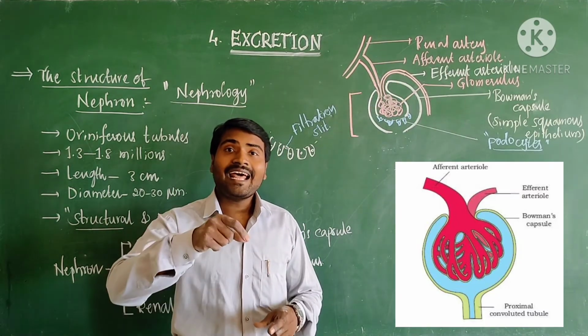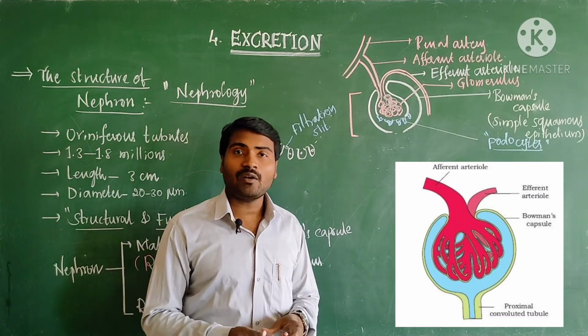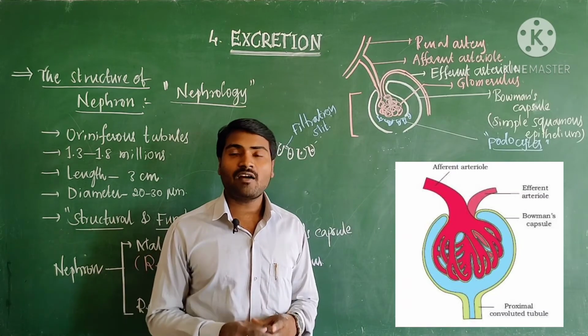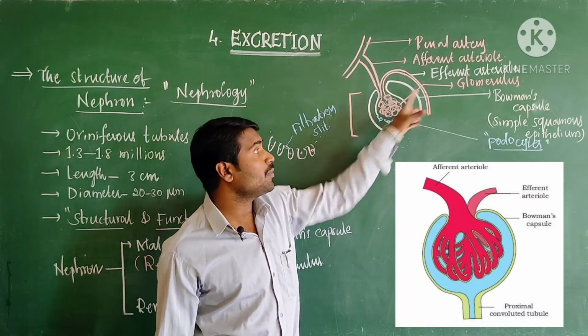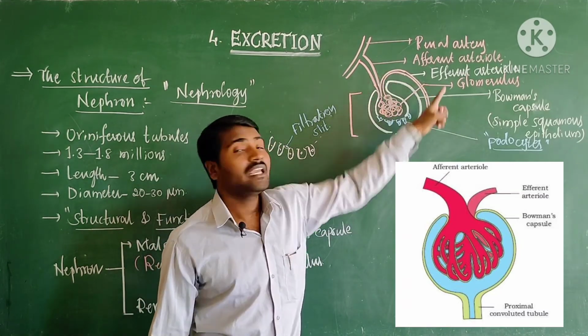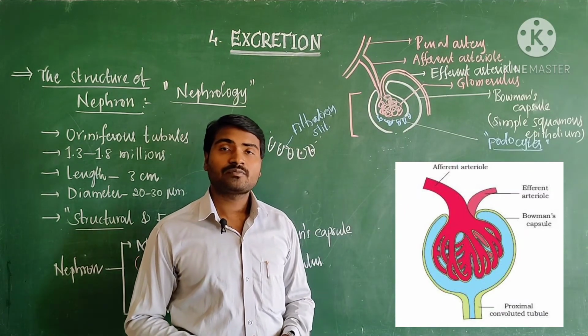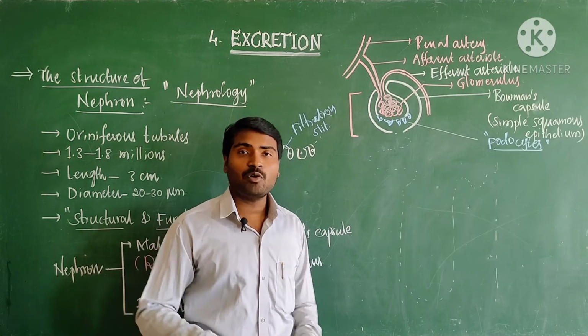So renal artery divides into afferent arteriole. Afferent arteriole enters into Bowman's capsule, makes a network of blood capillaries called glomerulus, and it gives rise to efferent arteriole. We'll talk later about this efferent arteriole.